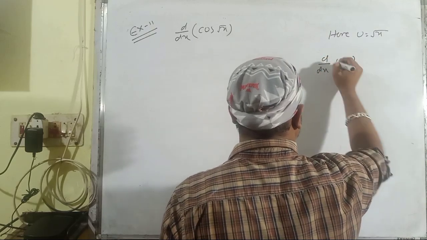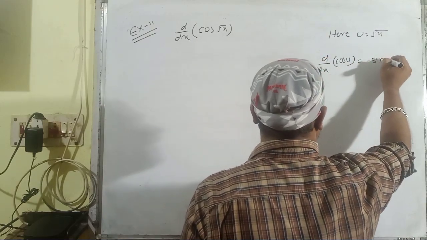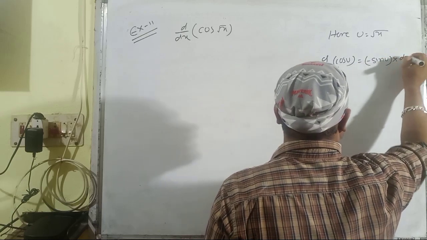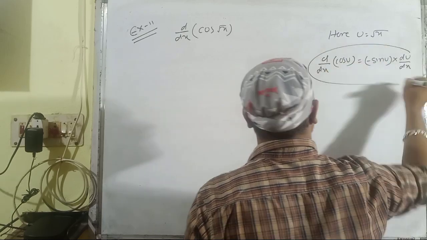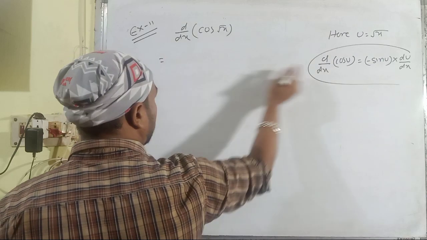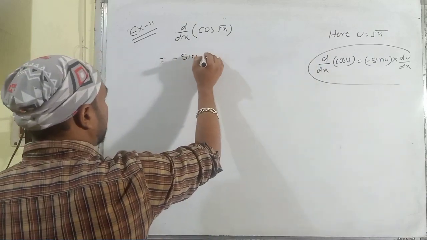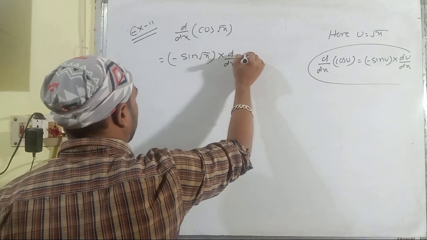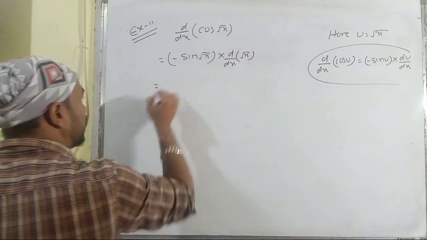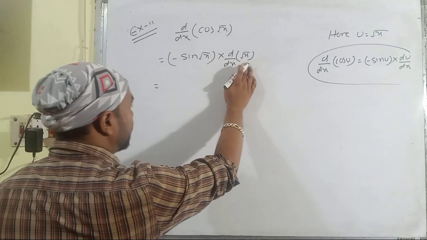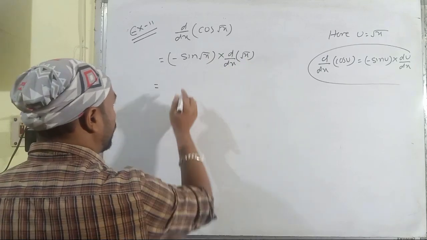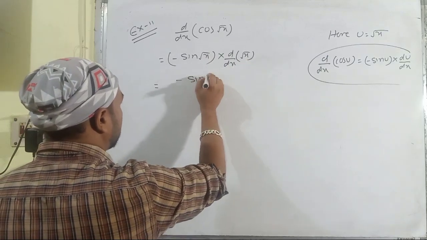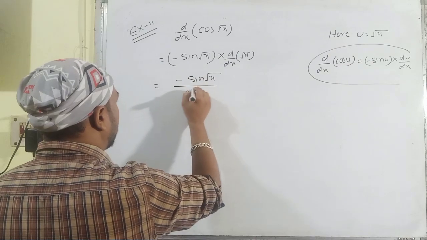Differentiation of cos u is minus sin u multiplied with the differentiation of u with respect to x. So it will be minus sin u, that is root x, multiplied with the differentiation of root x. The differentiation of root x is 1 upon 2 root x. So the answer will be minus sin root x divided by 2 root x.